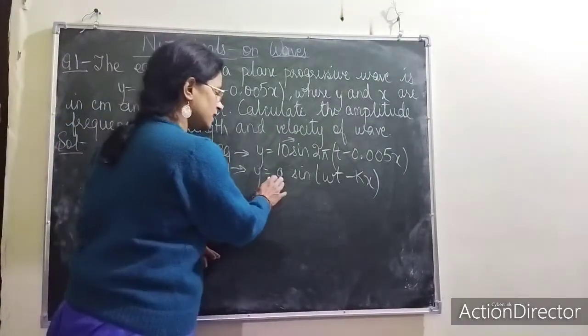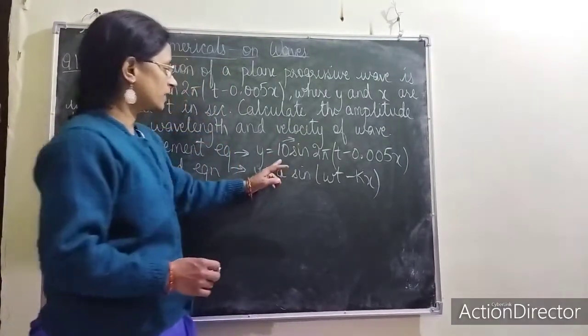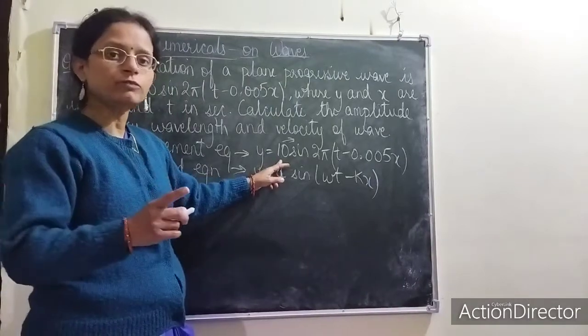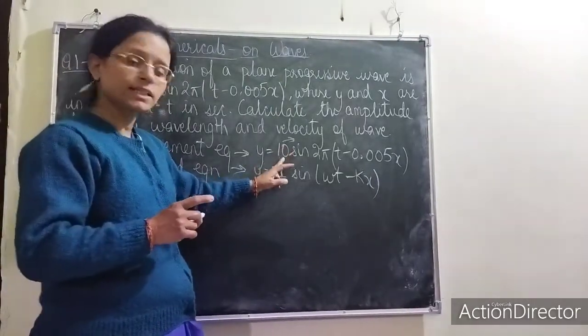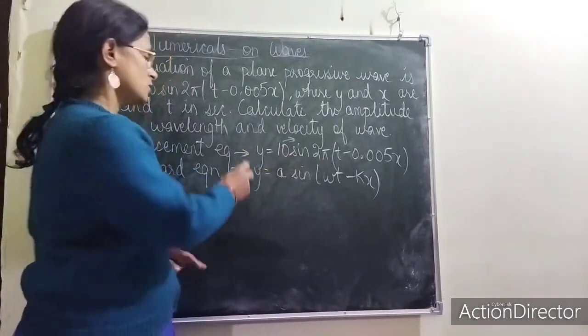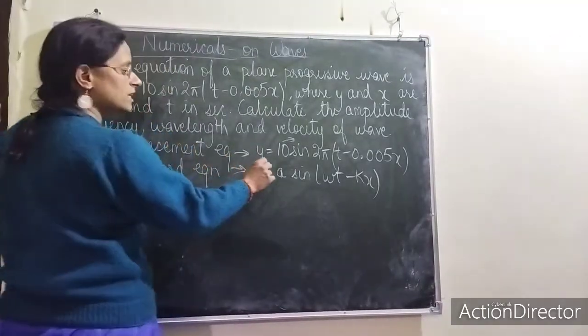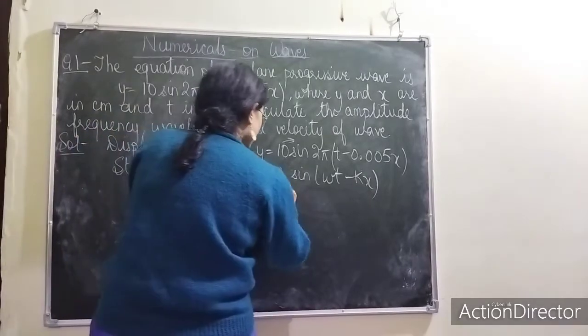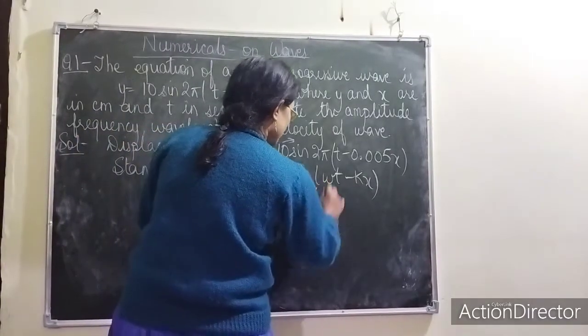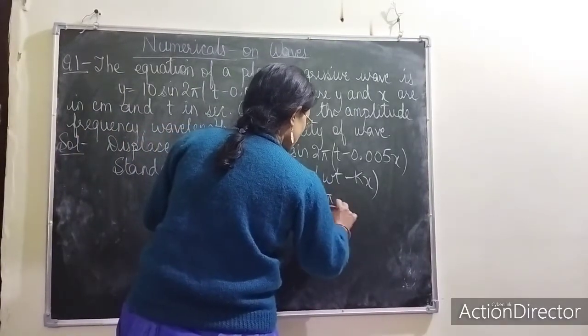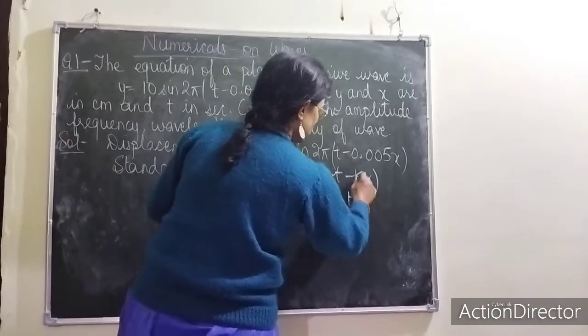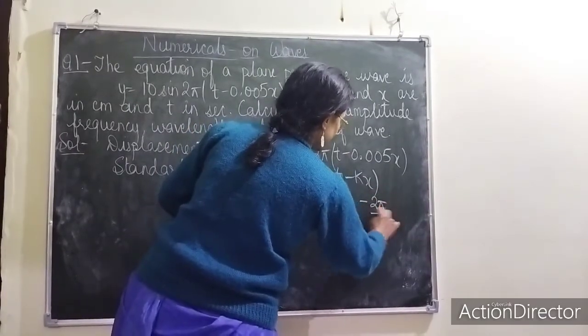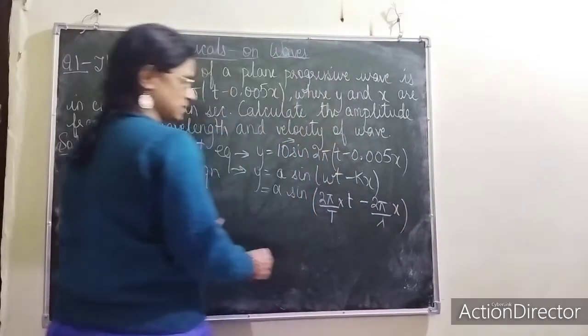What is a here? A is the amplitude. It means the amplitude of the given wave is 10. So with this we came to know that a is equal to 10. Now we will find the other quantities. Omega is 2 pi upon T into t, and k is 2 pi by lambda into x.